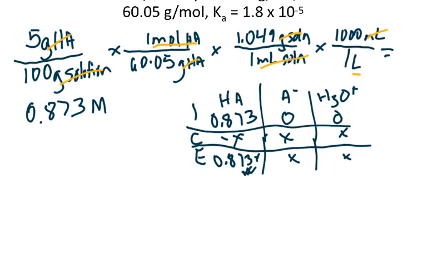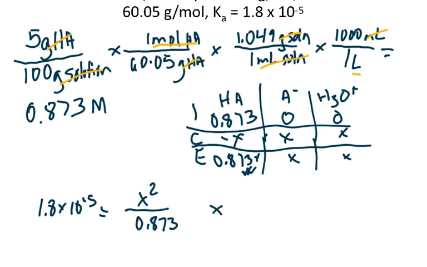So I'm left with my Ka, 1.8 times 10 to the minus 5 is equal to x squared over 0.873. So my x value is 3.97 times 10 to the minus 3, which means my pH is the negative log of that value, which is 2.40.